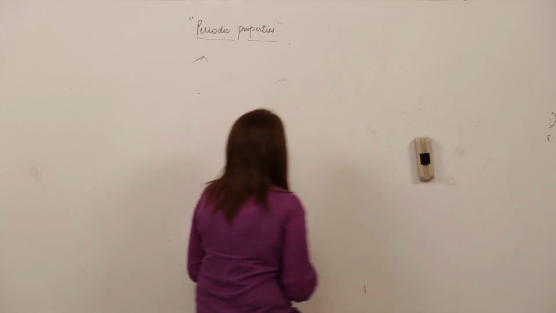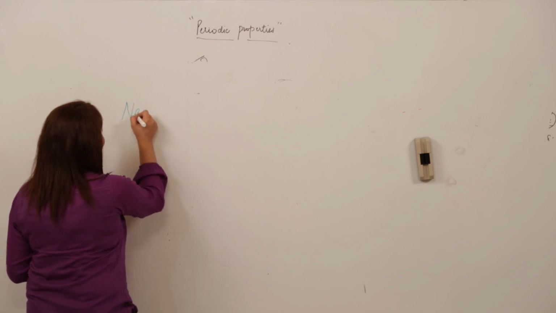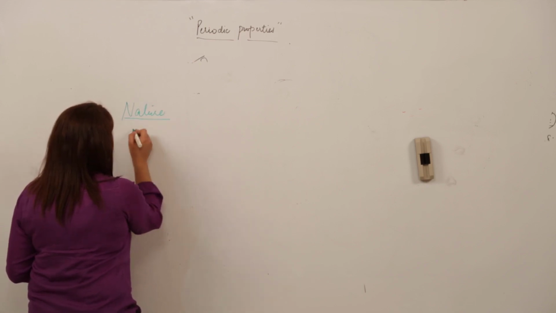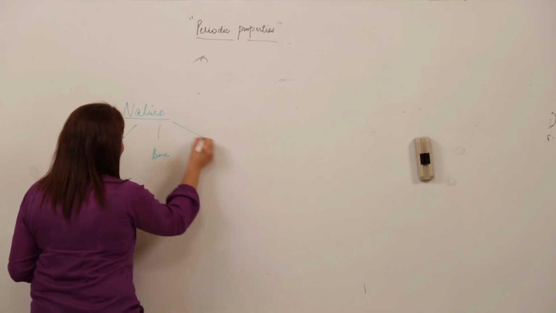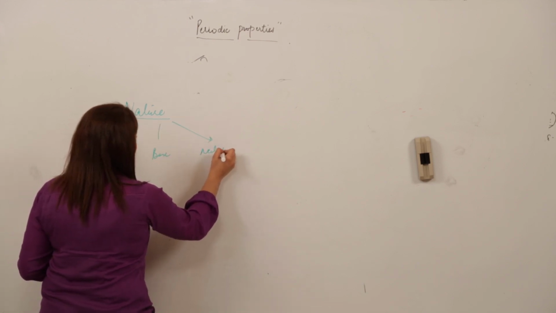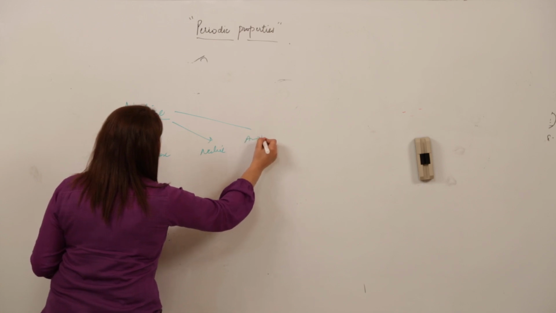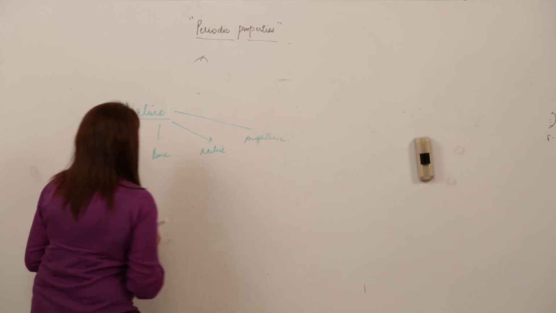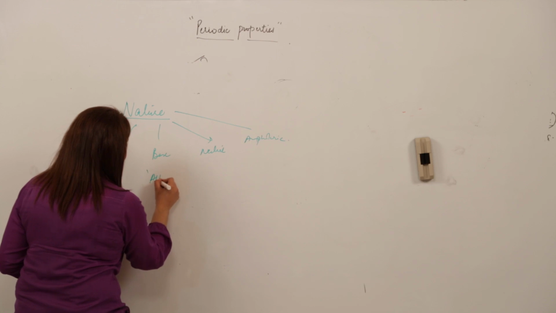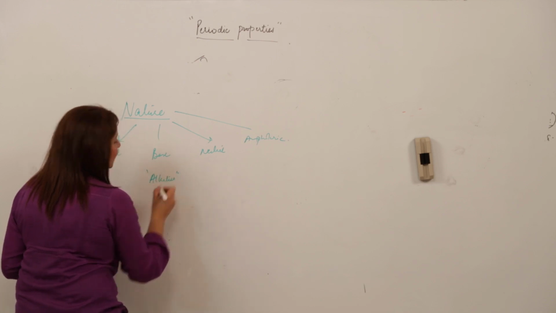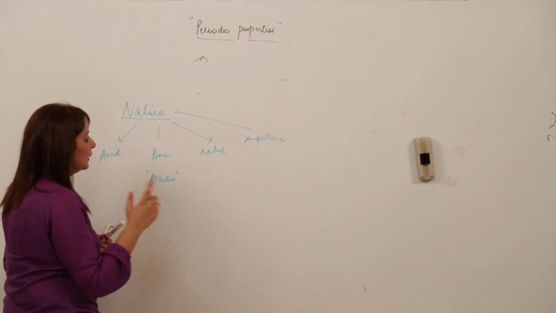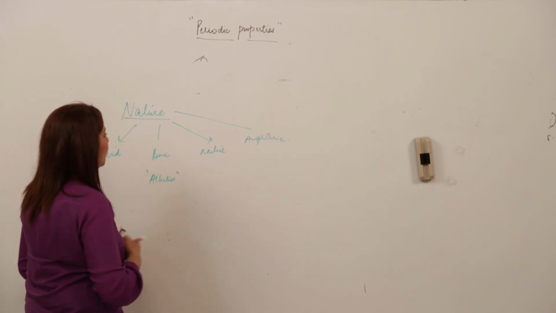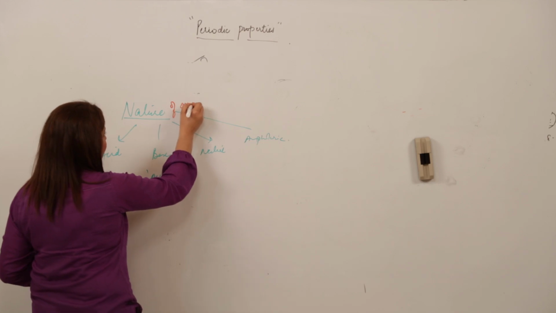Alkali comes under the category of base only, because the bases which dissolve in water are called alkalis. So we are taking into account the property, the nature of oxides.